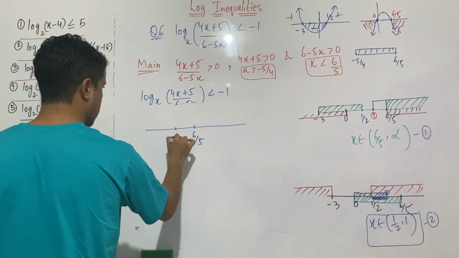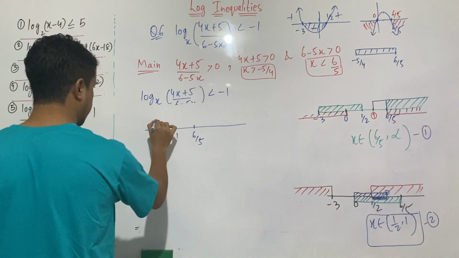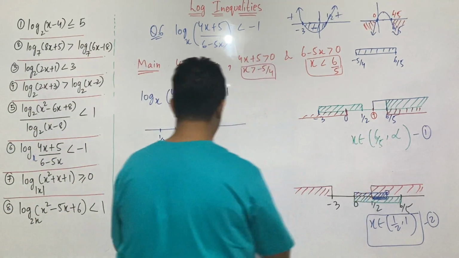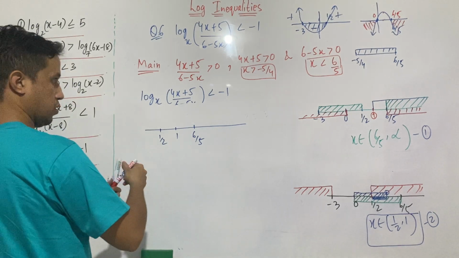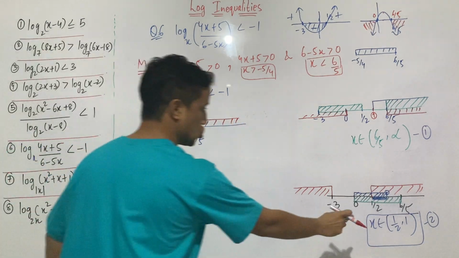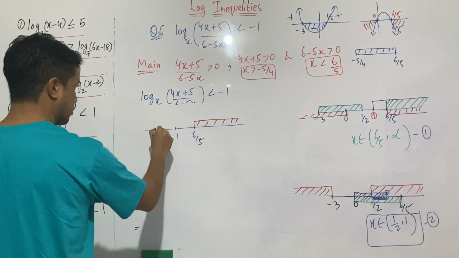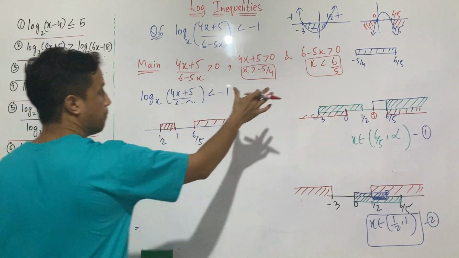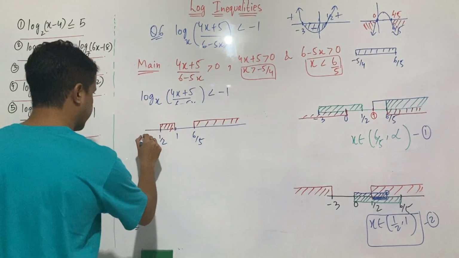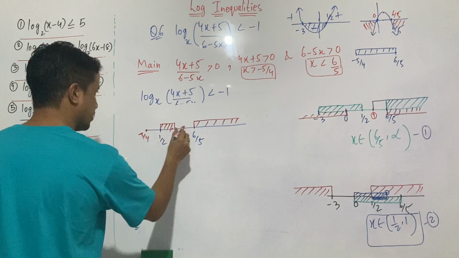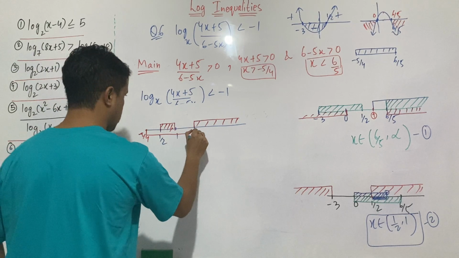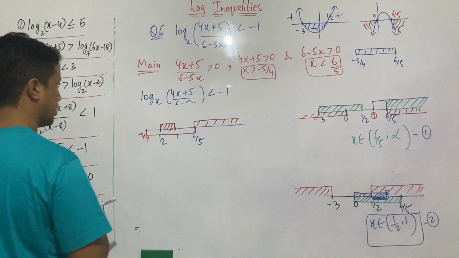This is 1, and this is 1 by 2. So case 1 means this, right? And case 2 means 1 by 2 to 1, which is this. And put this main condition: minus 5 by 4 to 6 by 5. This is minus 5 by 4 here, and this is 6 by 5. So they are talking about this.